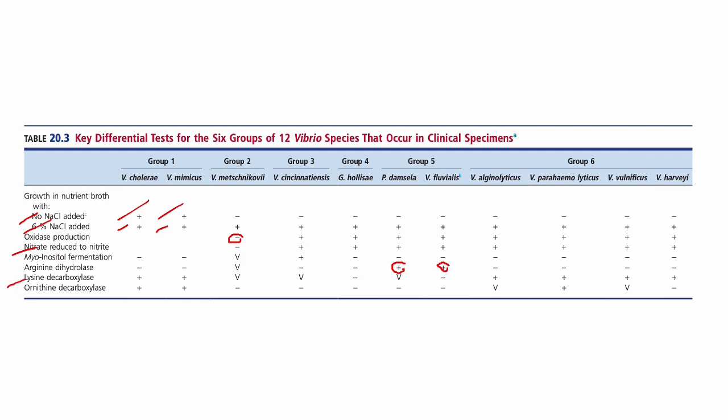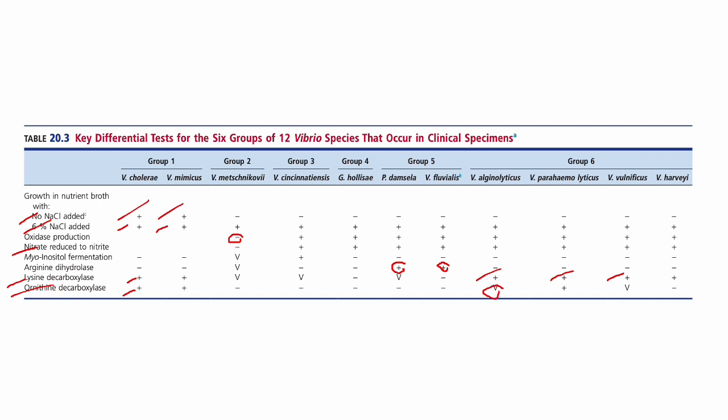For lysine decarboxylase, so again, for your clinically significant, the cholerae, sino pa? For your alginolyticus, parahaemolyticus, vulnificus, they are all positive for lysine decarboxylase, as well as your ornithine decarboxylase, positive for cholerae, positive then for alginolyticus or variable, sorry.